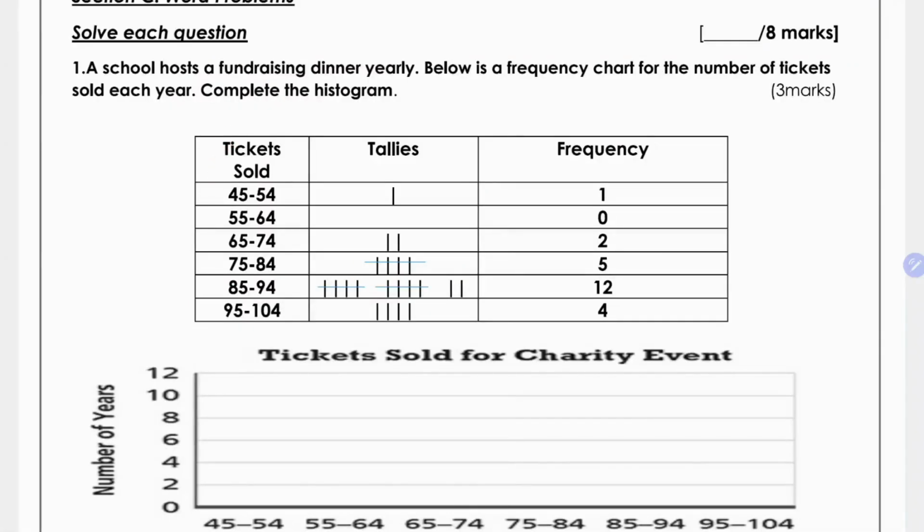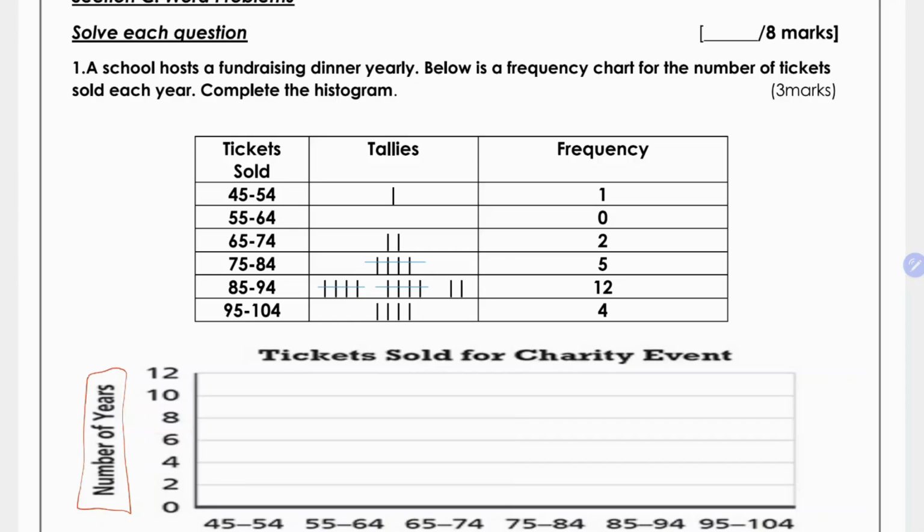And therefore we've got the number of tickets sold, and we have the frequency, which would be the number of years. So what that means is that there was 1 year where they sold 45 to 54 tickets. There were 0 years where they sold between 55 to 64 tickets.